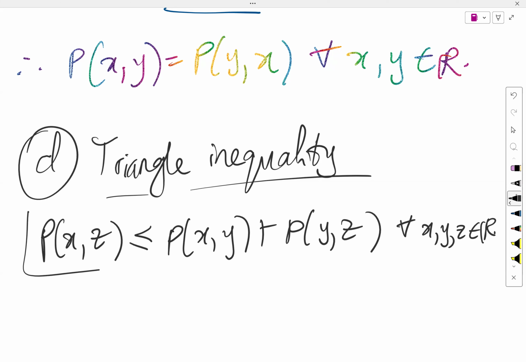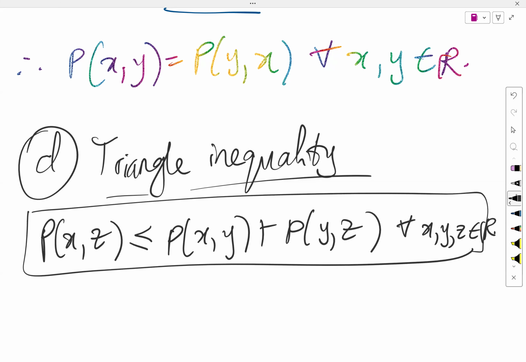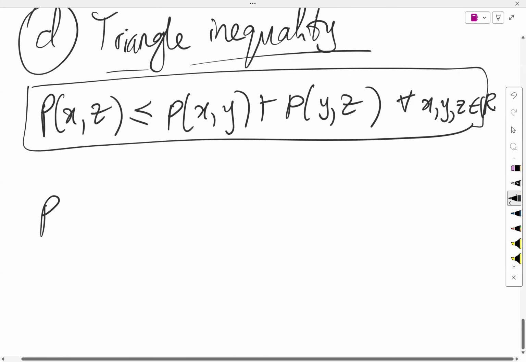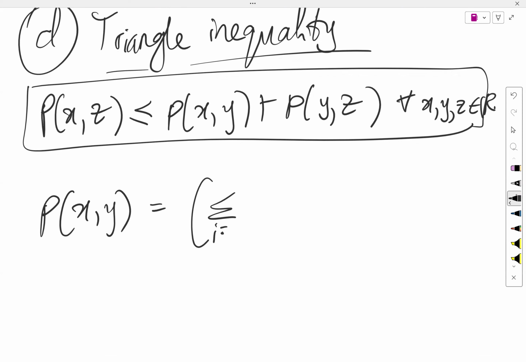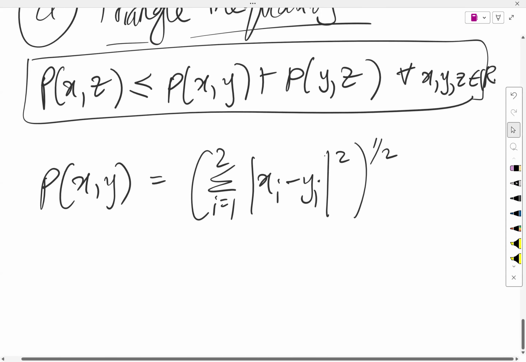And we need to prove this for this function P of x comma y, which is equal to summation from i equals 1 to 2 of xi minus yi raised to power 2, all raised to power half.